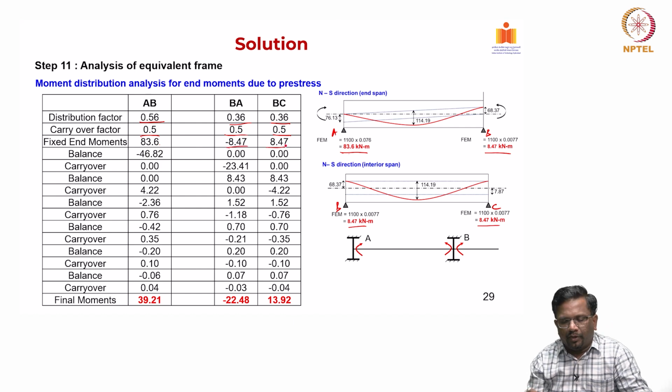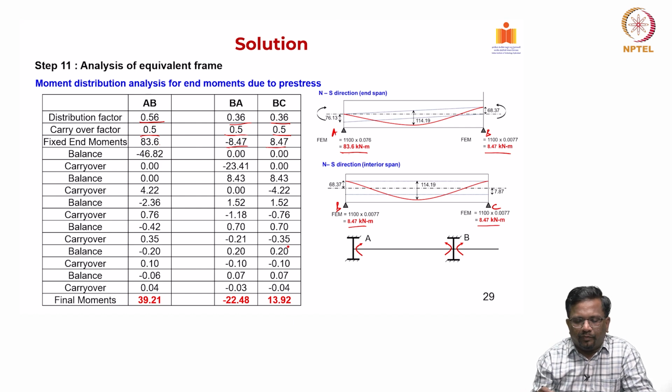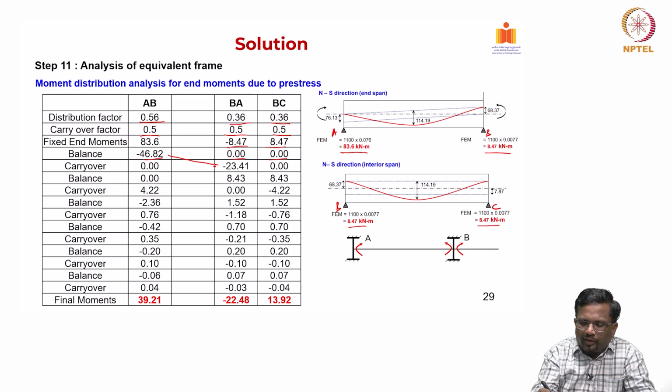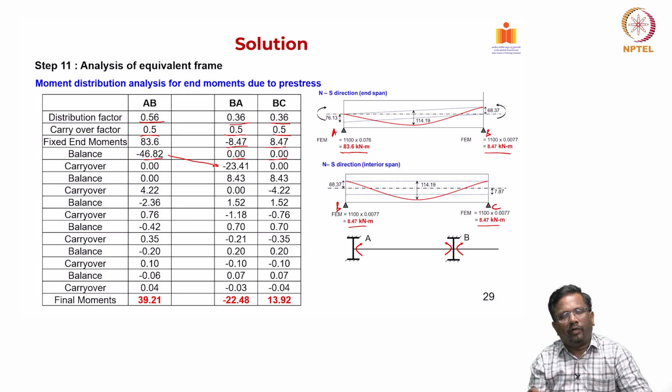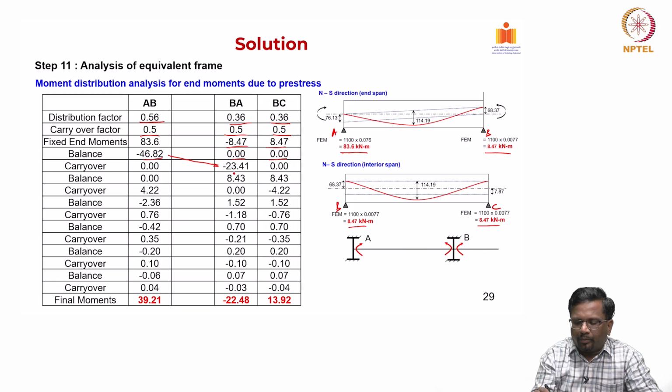So, carryover factors are 0.5, 0.5 and 0.5, and fixed end moments as you can see 83.6 and 8.47 and 8.47, right. So, you substitute that, then basically we try to balance this and apply this distribution factor 0.56 times negative 83.6, that works out to be 46.82. This joint is already balanced, so I do not need to do anything, but then when I am carrying over some of the moment, it carries over here, right, roughly half of that, and then that becomes 23.4.